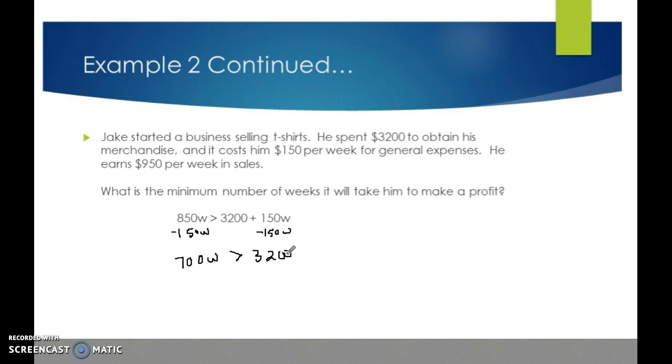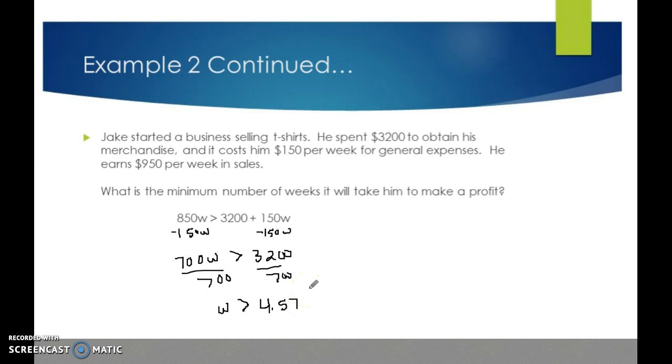And 3,200 divided by 700 divides out to the weeks would have to be greater than, and it's a decimal, so I'm going to round. So 4.57 is the number of weeks.